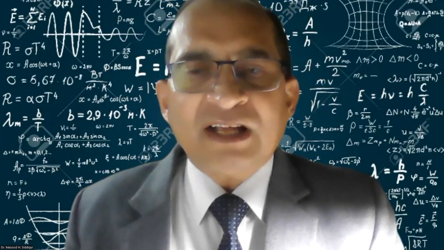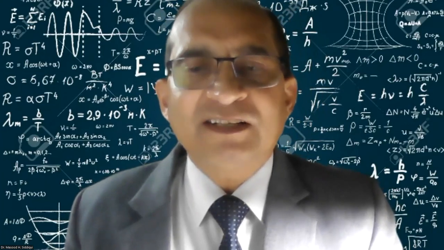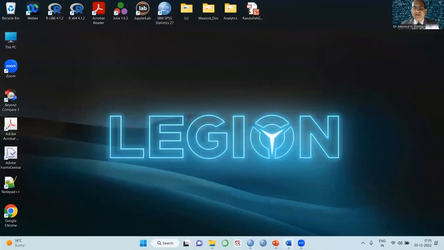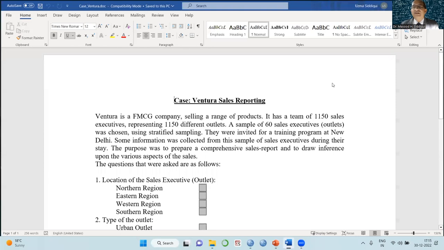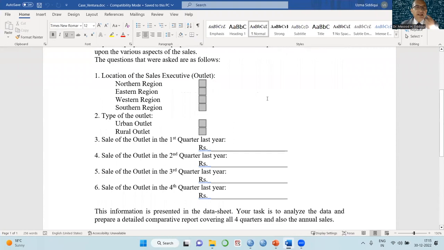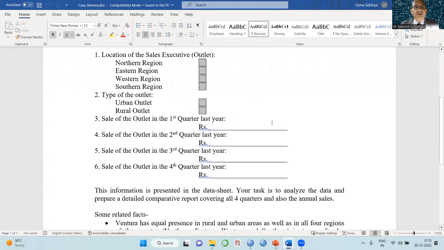And if we relate to that case, that was the Ventura sales reporting case that we have already done, right? So let me connect with that case so that you have some idea about that. So remember, in this case, we were examining the sales of the outlets of the different quarters.